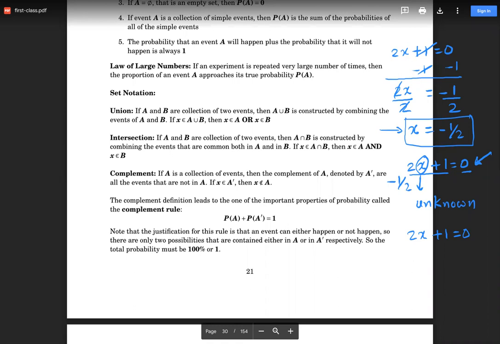The answer is always going to be x is equal to negative 1/2. So x is unknown, yet it is a fixed value. This is called deterministic unknown.